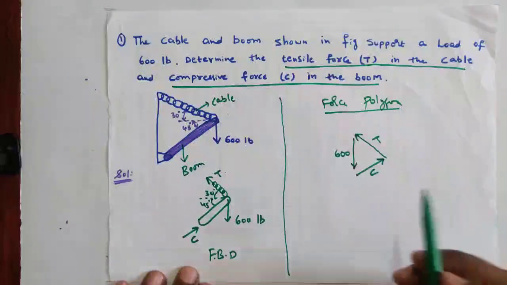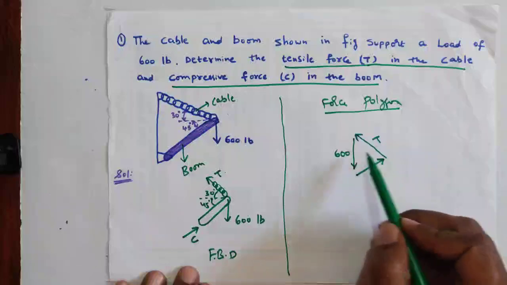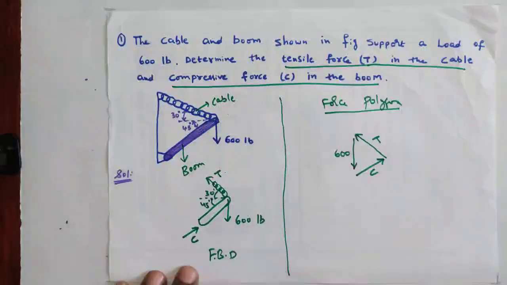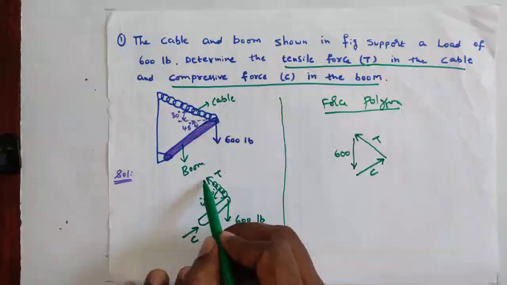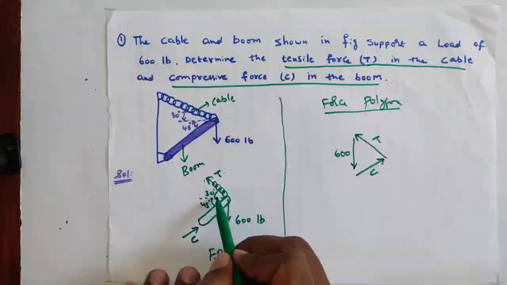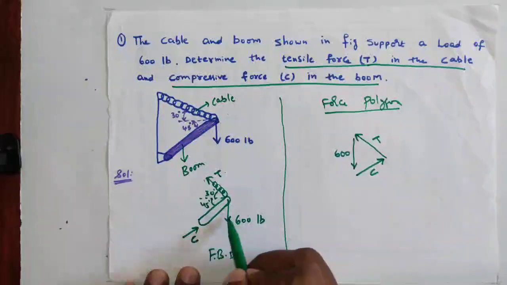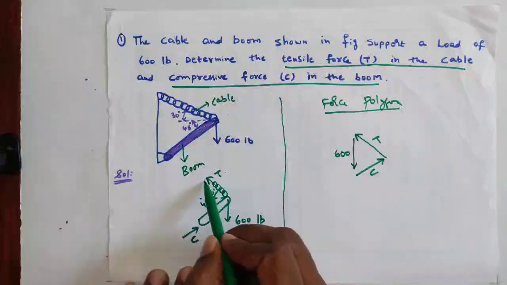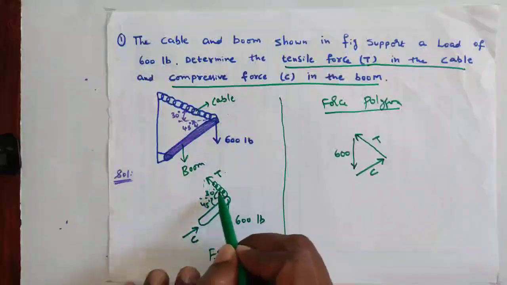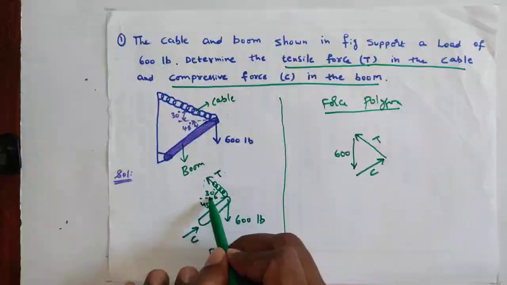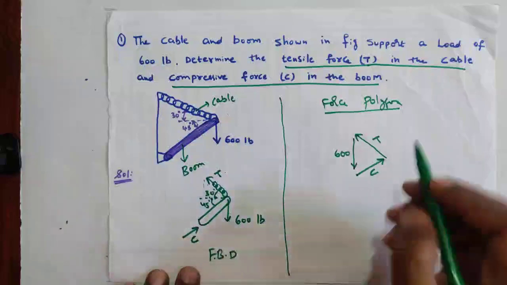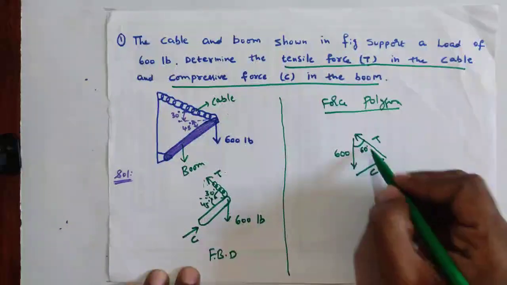Now we need to know the angles between T and C and between T and 600. If I take this 600 pounds load here, already in this triangle 30 degrees is here, and here it will be 90, and the remaining angle will be 60 degrees.